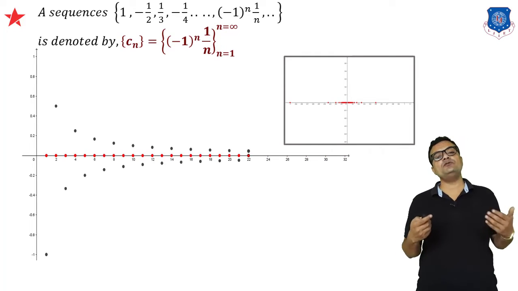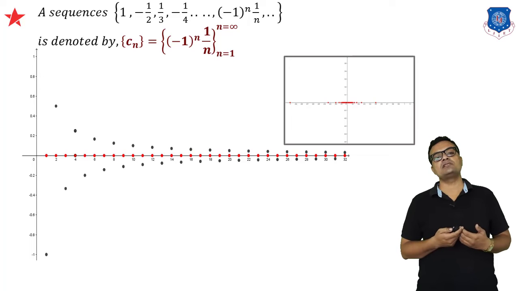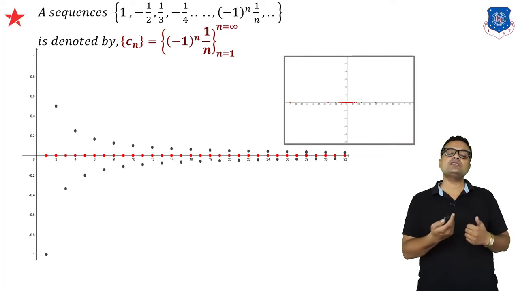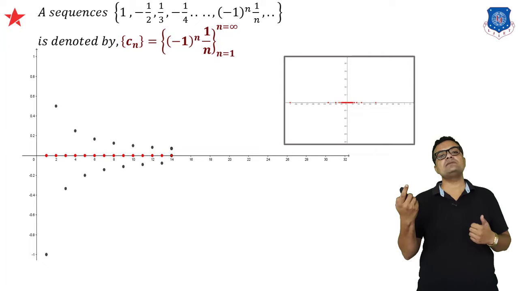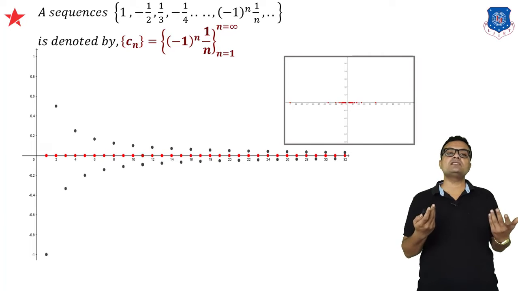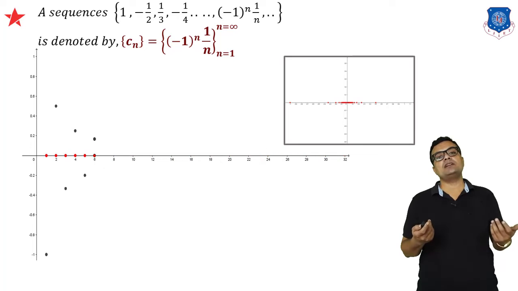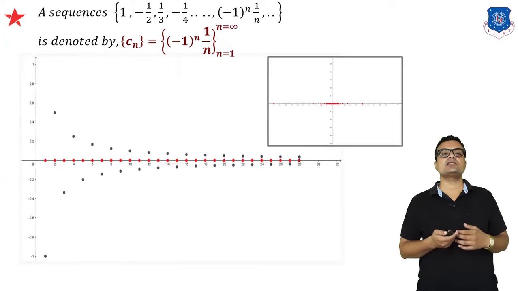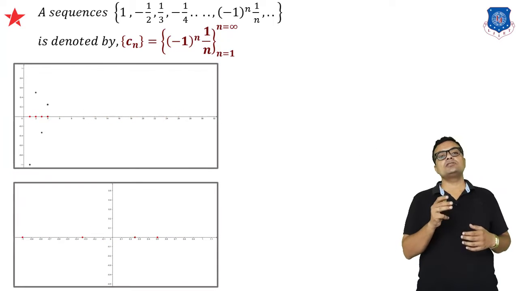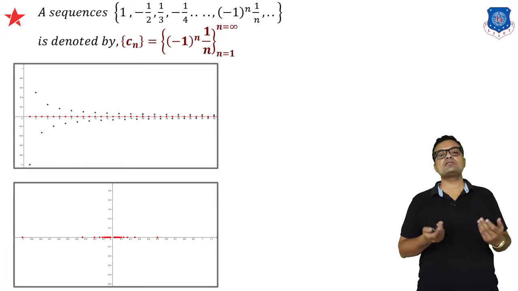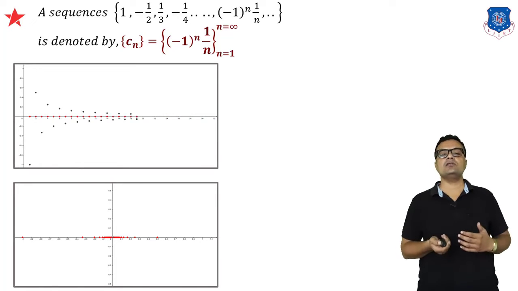So this is a different interpretation of sequence. It may happen that your sequence is increasing and moving towards infinity. It may happen that it is decreasing and moving towards 0, and it may happen that it is alternating in nature. So this third phenomenon gives us an idea about the alternating nature of a sequence.